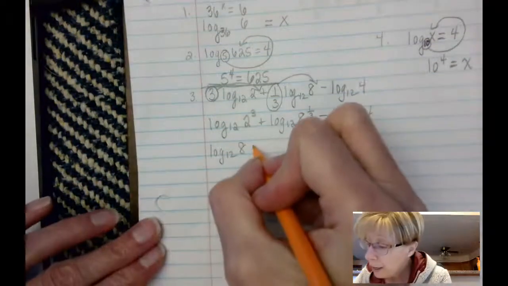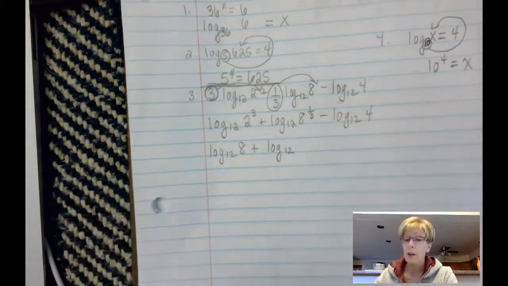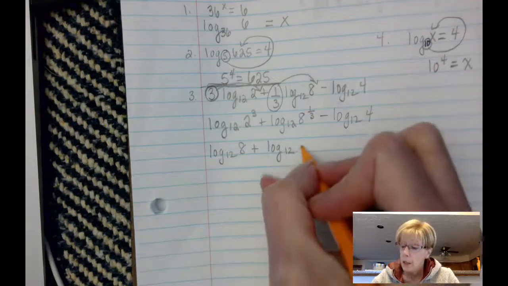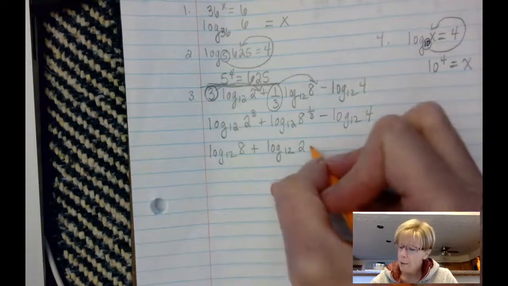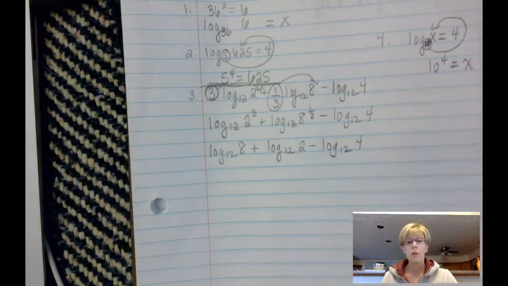On the next one, type it into Desmos, type it into your calculator. 8 to the 1/3 power is 2. And then we have minus log base 12 of 4. Notice that these are all log base 12s, and that's important. We can't use logarithmic properties without having them have the same base.